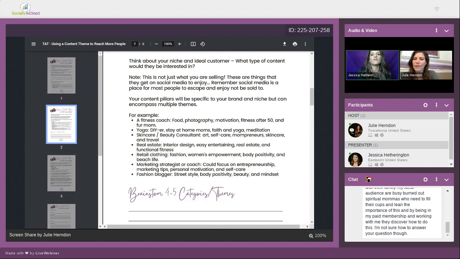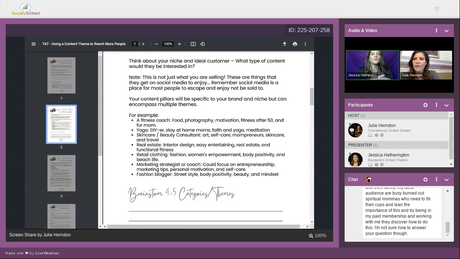And maybe there's even one that's a wild card, like functional fitness, that has absolutely nothing to do with real estate or buying or selling a home. But by putting content out there that has to do with your own personal functional fitness journey, you are showing that you're a real person. And of course, people who want to buy and sell a house, there are also people in that niche that want to stay fit.